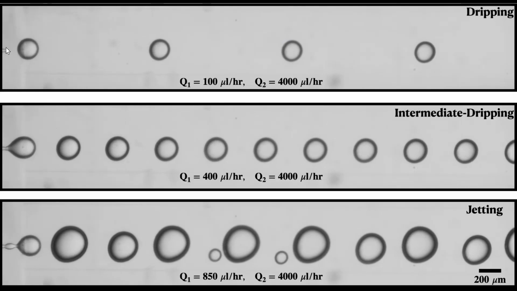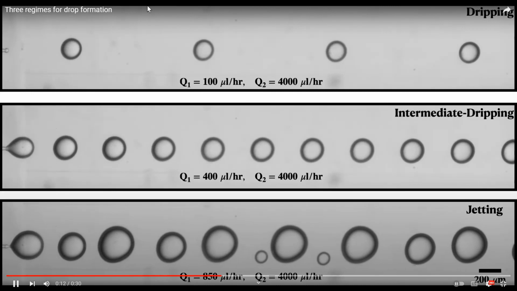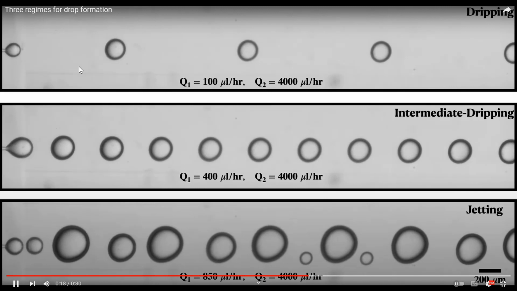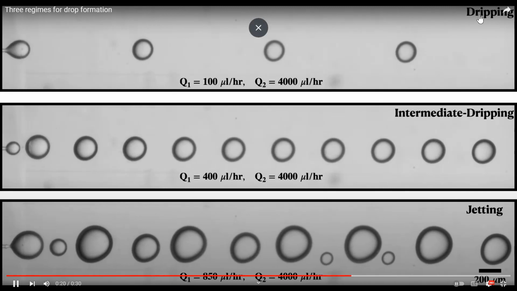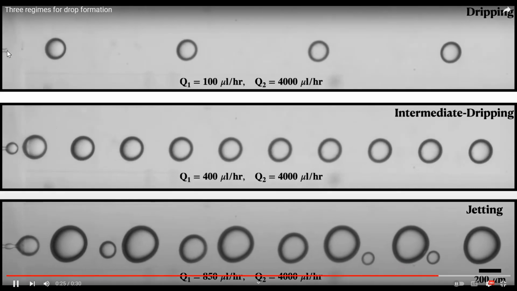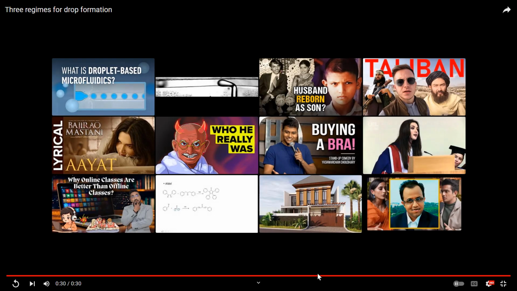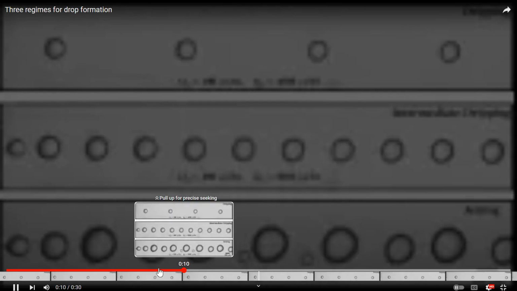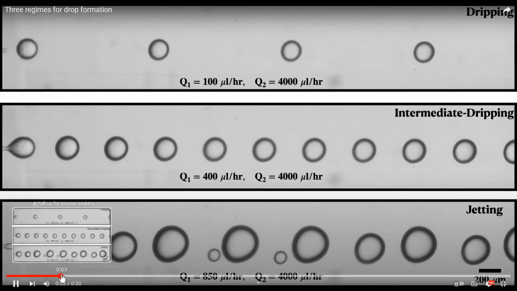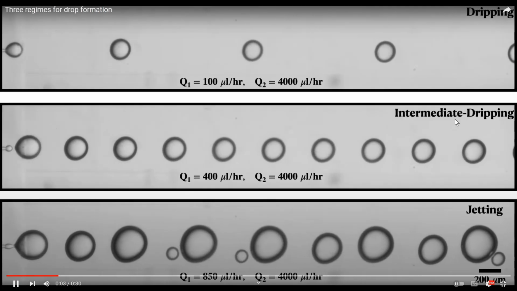So from here you see there is the nozzle, and from this nozzle the dispersed phase is coming and surrounding it is the continuous phase. Both the phases have their own volumetric flow rate and velocity, and you see dripping regime means once the dispersed phase comes out, gradually it splits into droplets. Another one was this intermediate dripping.